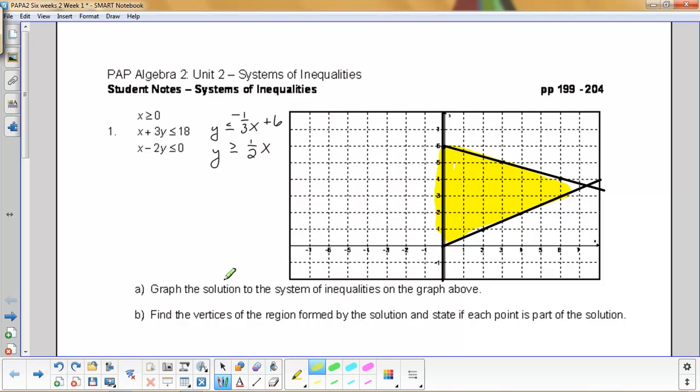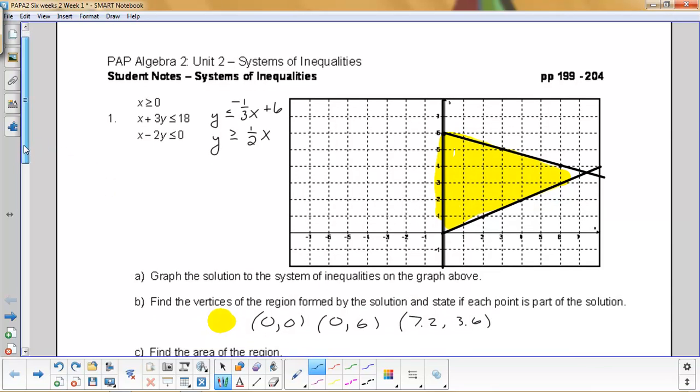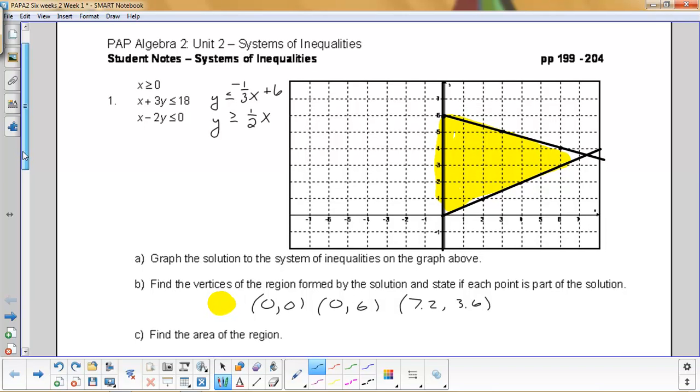That means that any solution to this system of linear equations must lie in the shaded region or on the solid lines. The vertices for this are (0, 0), (0, 6), and (7.2, 3.6), all of which can be found by solving that system of equations.